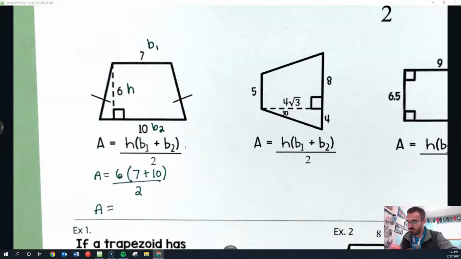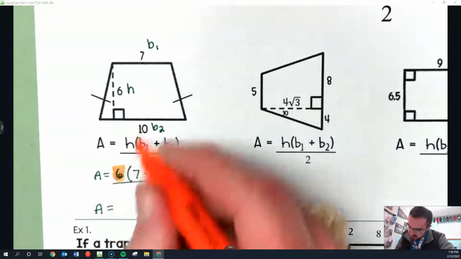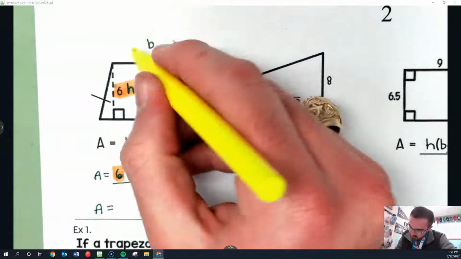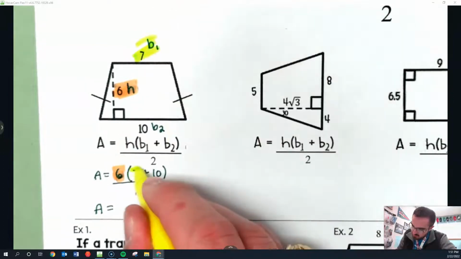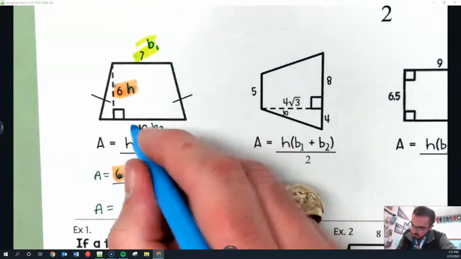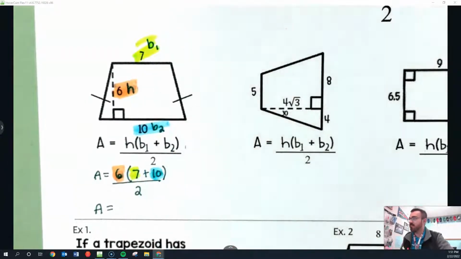If you're a color person and need to see this, this is 6. Base 1 was 7, so I plugged that in right there. Base 2 was 10. Plug that in right there. Nothing too crazy.